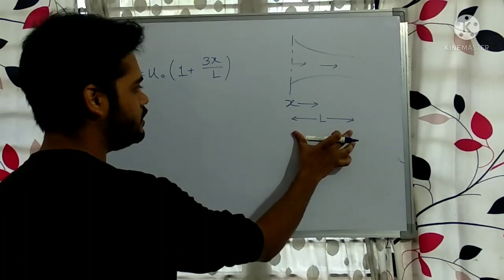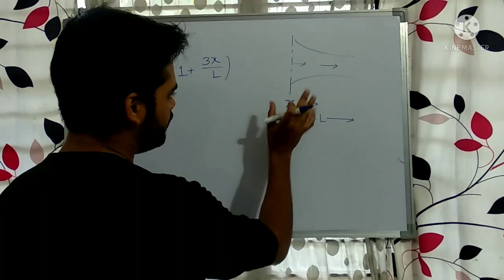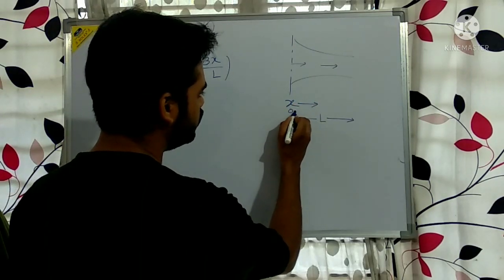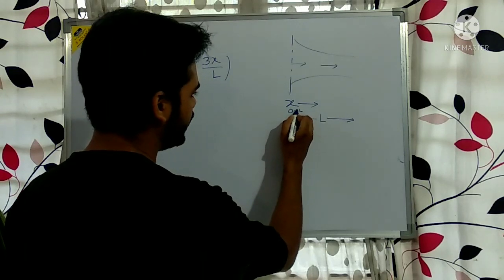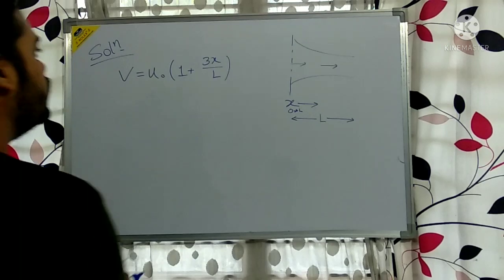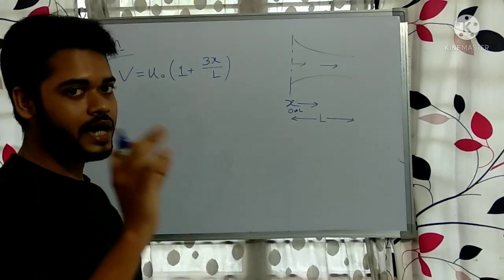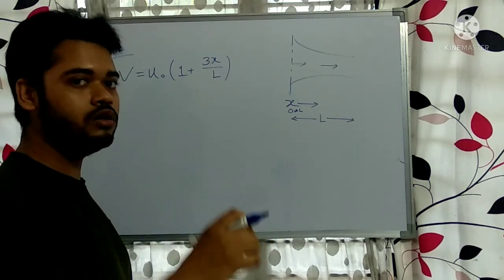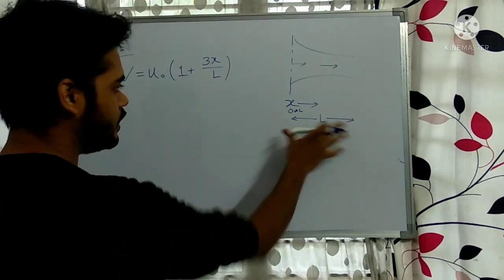I am considering x is increasing from 0 to L. Now in the question we are asked to find the time t. What is the total time that one fluid particle is going to take to cover this entire length?